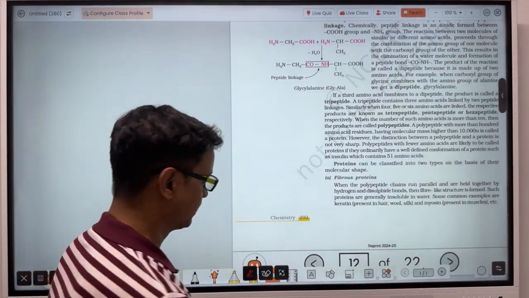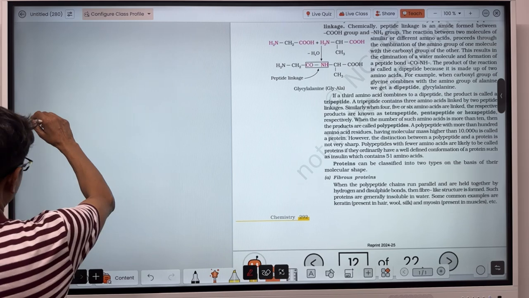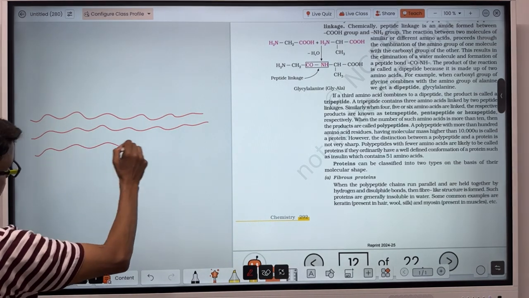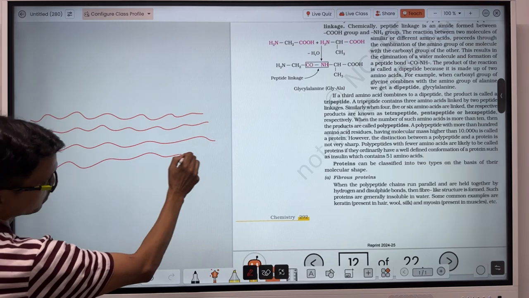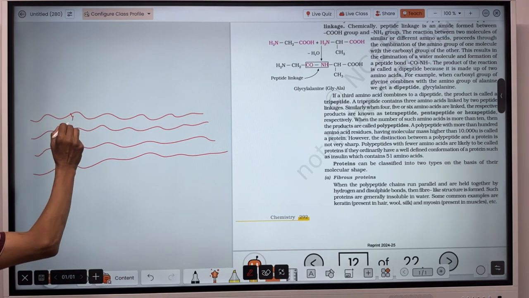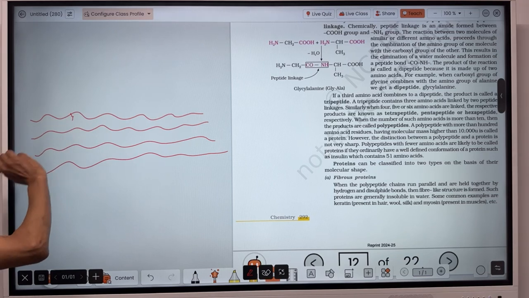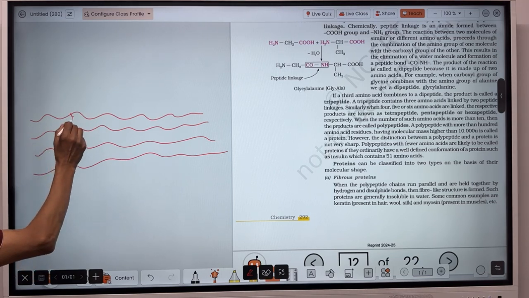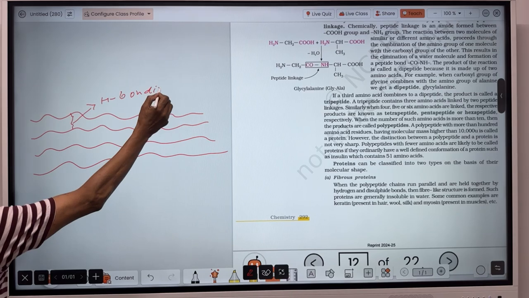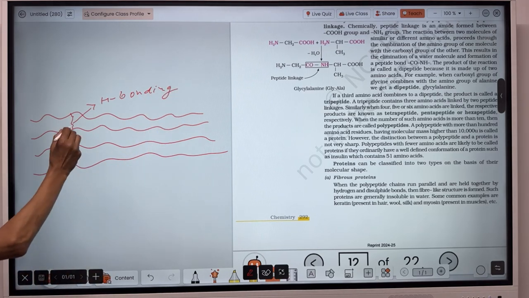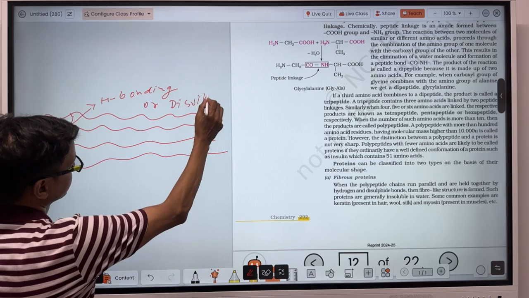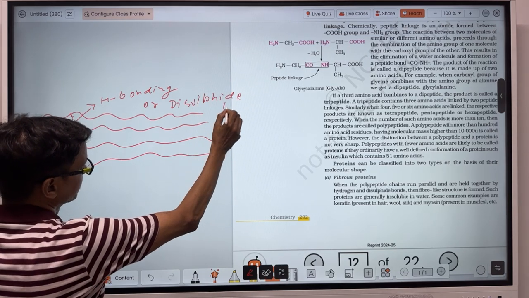So what is fibrous protein? In fibrous protein, the polypeptide chains run parallel to each other, and each adjacent chain is bonded with the other through hydrogen bonding or disulfide bonding.